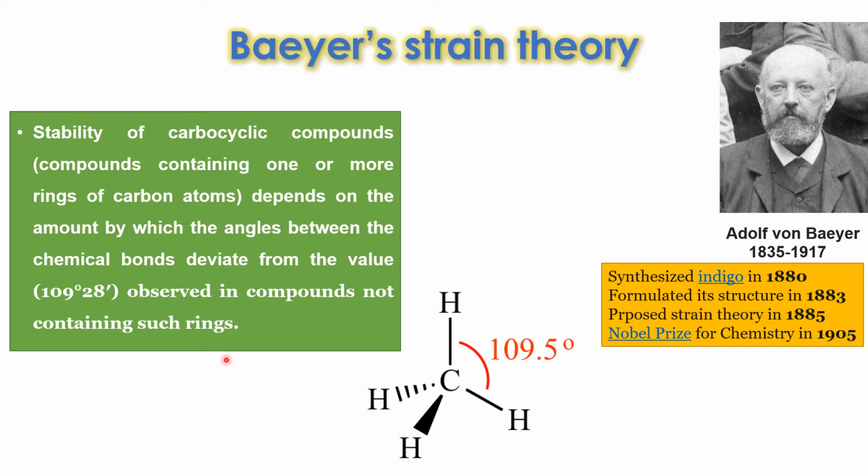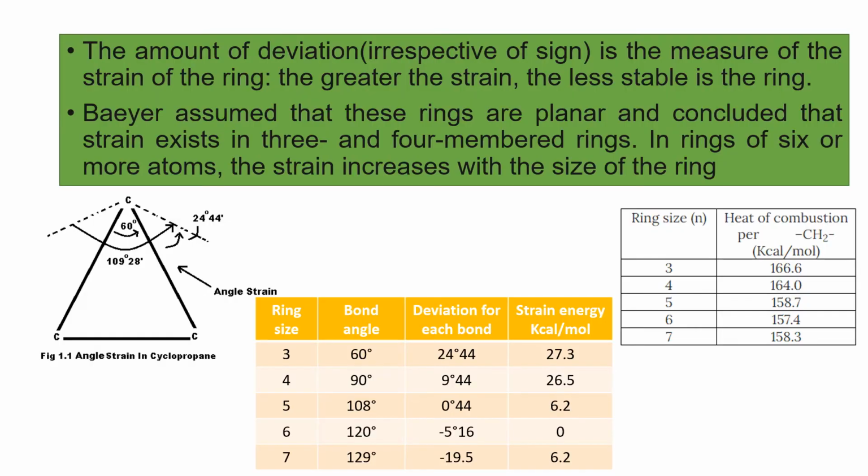So simply, whatever angle alkanes are able to maintain, if cyclic compounds deviate from that, it can lead to a decrease in their stability. To put it more simply, he calculated the amount of deviation from the normal bond angle, irrespective of the sign. Greater the deviation, greater is the strain, lesser is the stability.